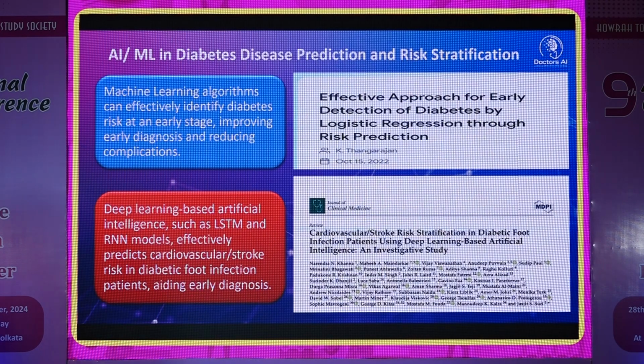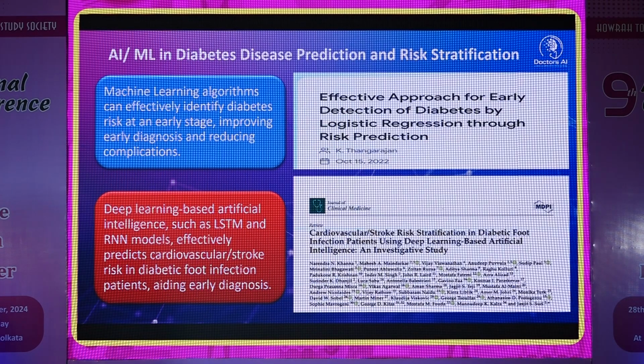If you look at some literature, what I'm speaking is pure science, and you can see there are so many publications looking at using artificial intelligence algorithms like machine learning in predicting the risk of early detection of diabetes by logistic regression or predicting cardiovascular and stroke risk stratification in individuals with diabetic foot infections.